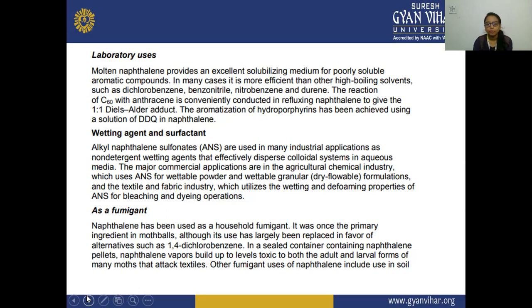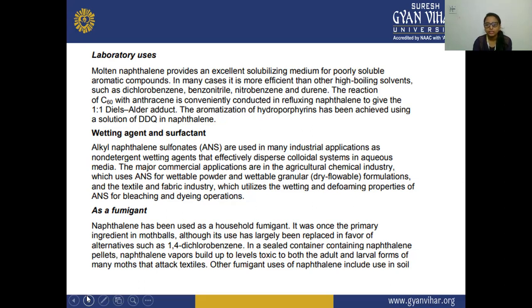As a fumigant, naphthalene has been used as a household fumigant. It was once the primary ingredient in mothballs, although it has largely been replaced in favor of alternatives such as 1,4-dichlorobenzene.